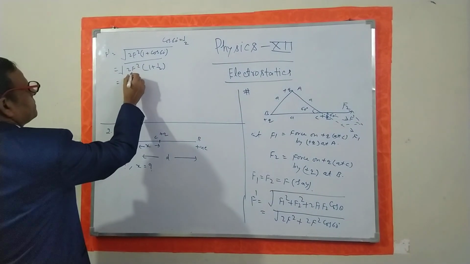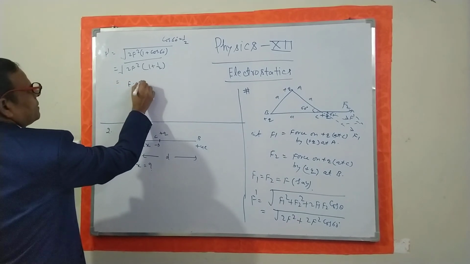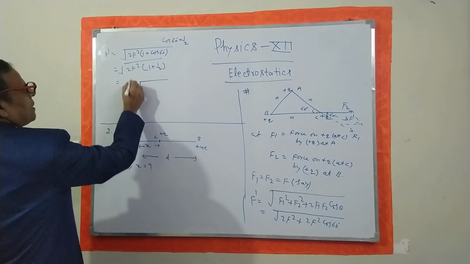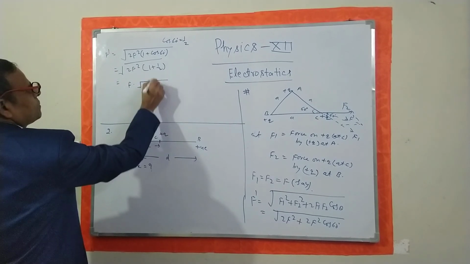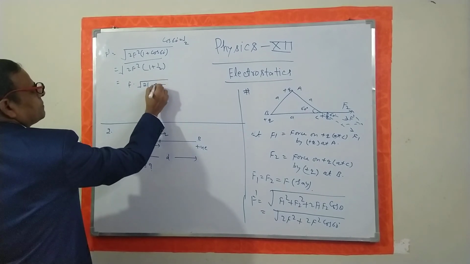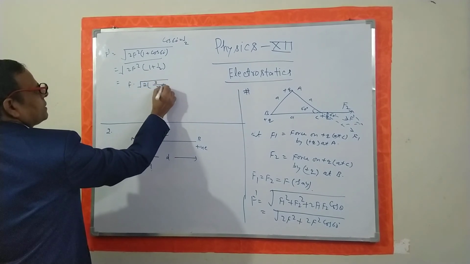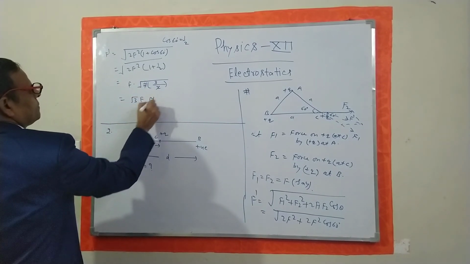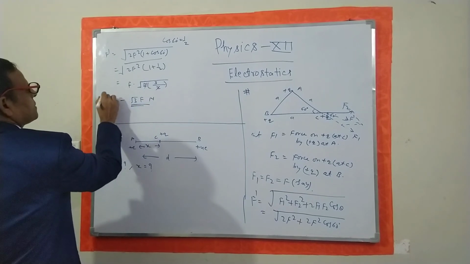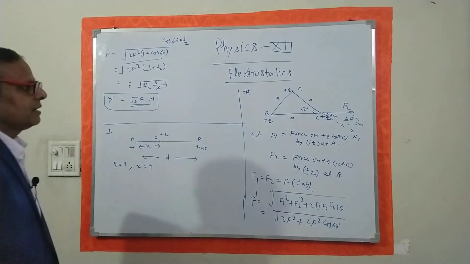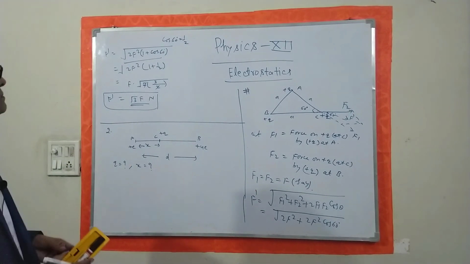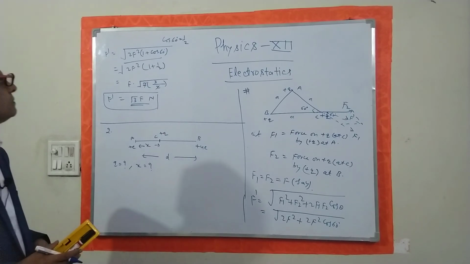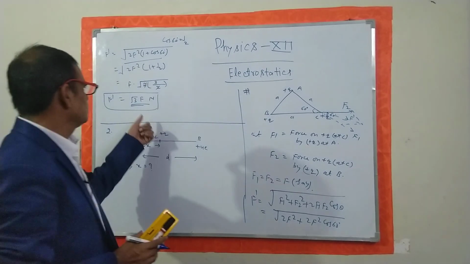We can write here F will be out of the bracket of the under root, and this will be 2 into 1 plus 1 by 2, that is 2 into 3 by 2, that is under root 3 F Newton. This is the resultant force acting at point C. So it is very much clear that F dash is equal to root 3 F.